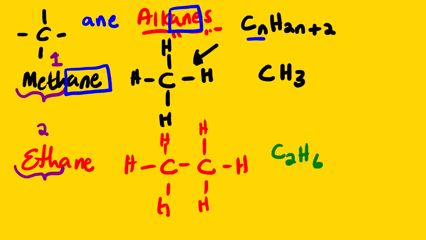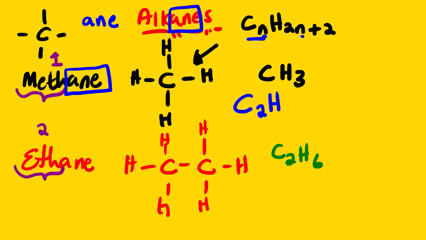Now let us get to this equation. Let's say you want to draw ethane. You know very well that eth simply means 2 carbons. This N is the number of carbons. So you can say C, where we see N, we put our 2.